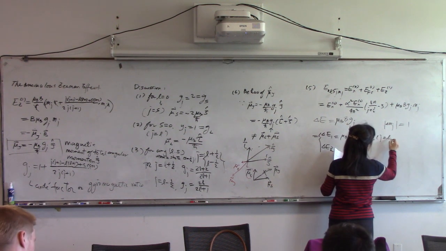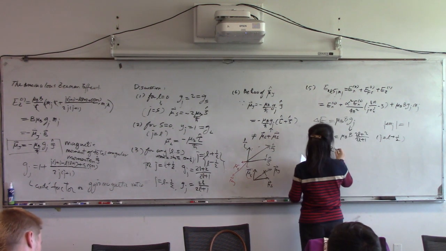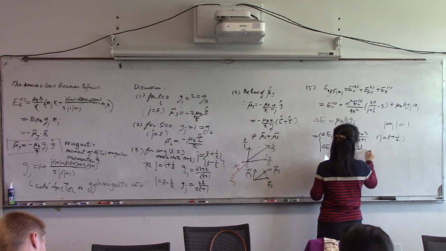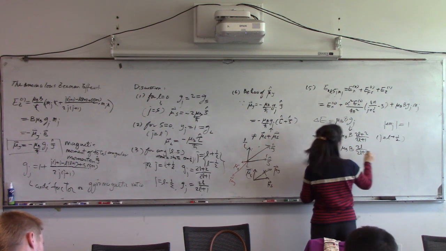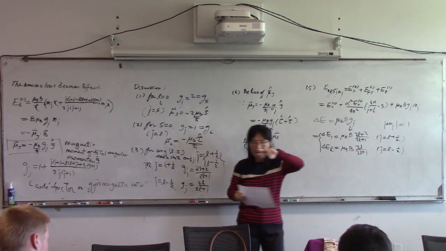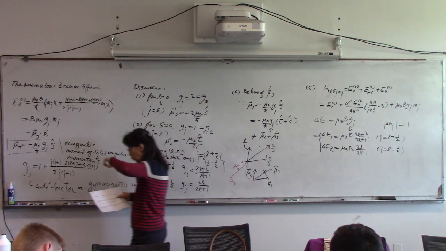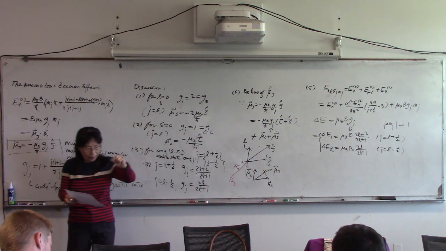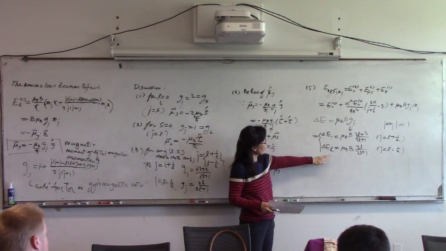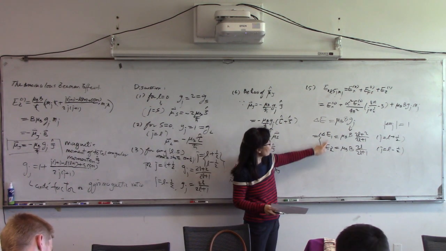And another case is mu B, B, 2L over 2L plus 1. That is for J equal to L minus half. So you imagine that this energy is split into two groups. One group has the space between the nearby energy levels by delta E1, another by delta E2.